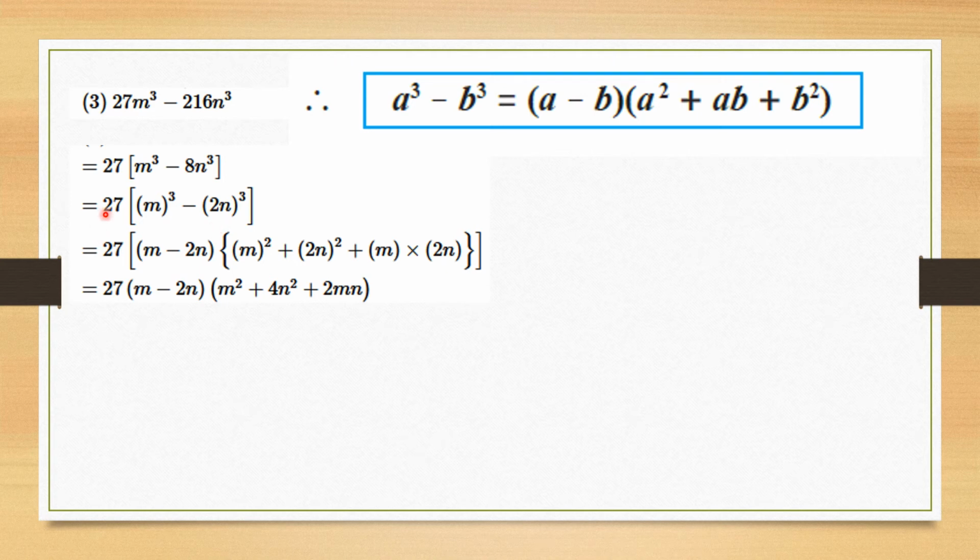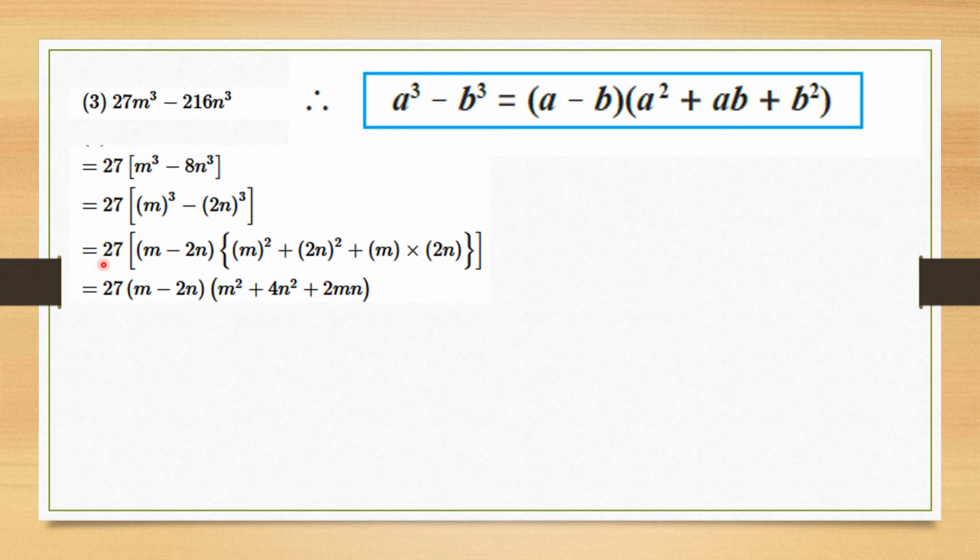This 27 that we removed common outside, we'll keep it as it is. So here a minus b, so m minus 2n, inside the bracket a square, that is m square, plus b square, that is 2n the whole bracket square, plus a into b. So a is m, b is 2n.